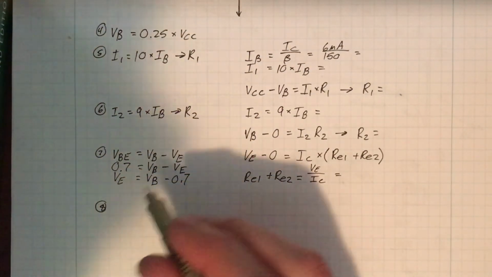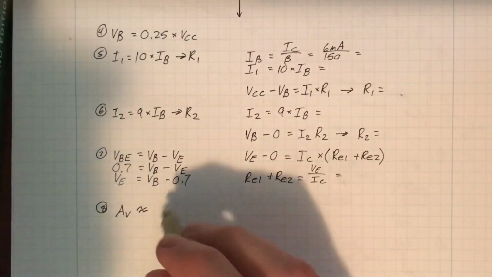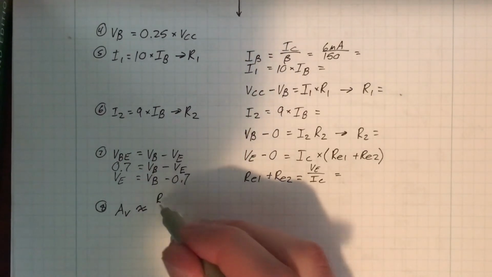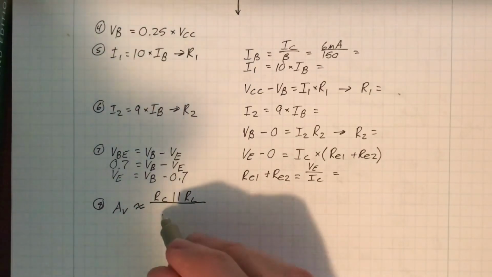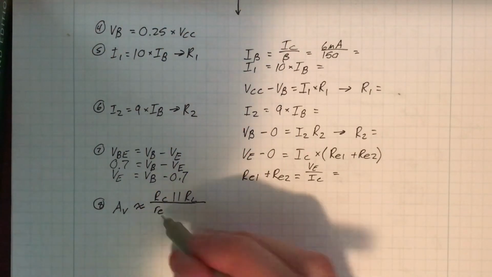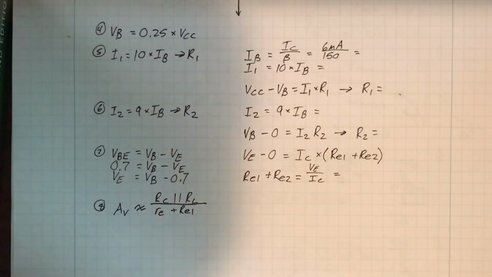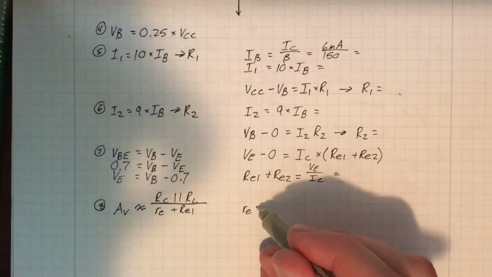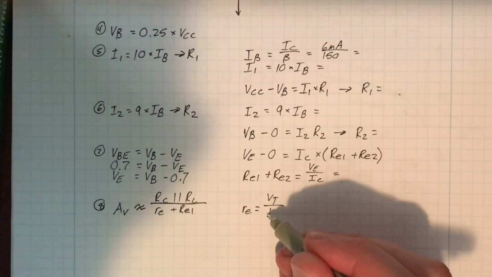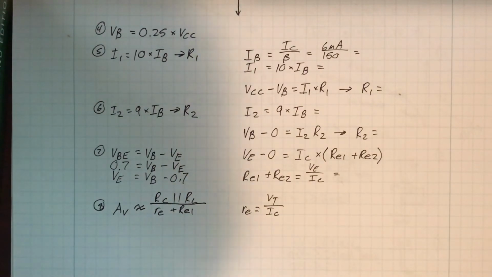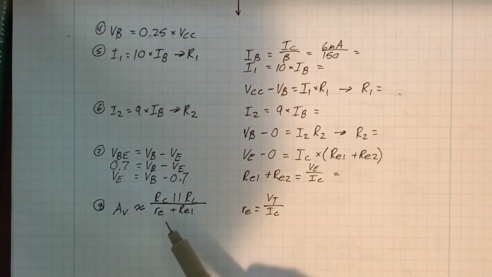The gain for this circuit is approximately equal to RC parallel RL divided by little re plus RE1, where little re is equal to VT, the thermal voltage, divided by IC. You can calculate that pretty quickly since you know the current.